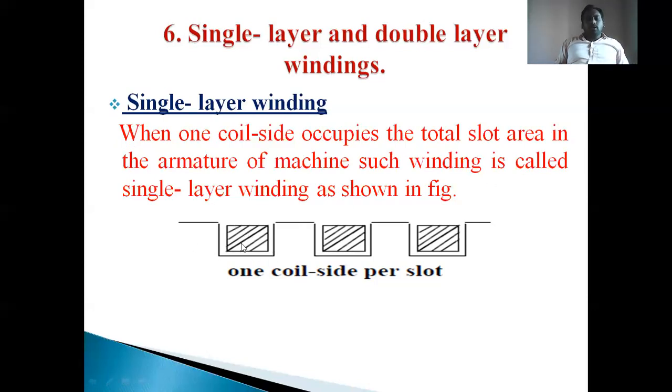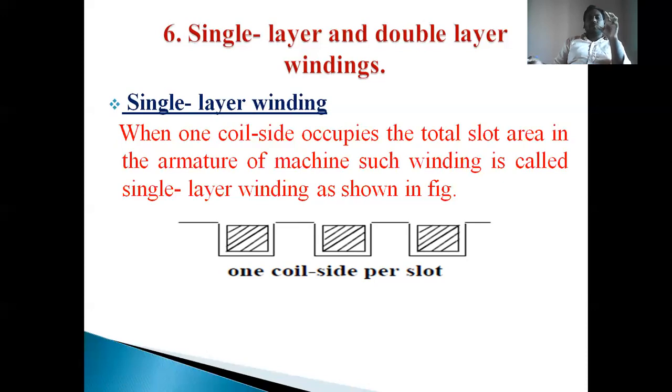Why? Because a single layer winding can be defined as a coil side occupying the total slot area. If the armature winding has 12 slots, the number of coils is equal to 12 by 2, that is, the number of slots divided by 2, which is 6.